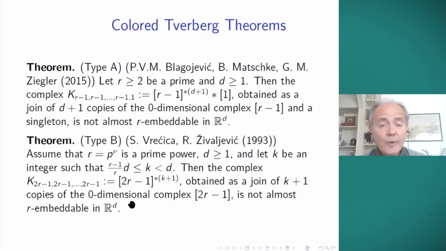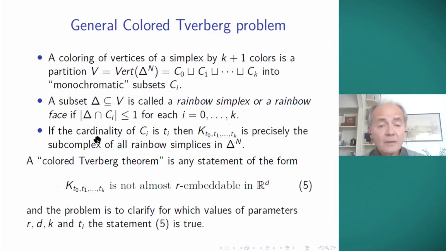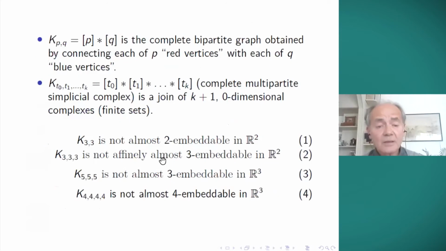So if I go back to these examples, then it is easily checked that examples number 1 and number 3 are type B theorems, while example number 4 is a type A theorem. And what is the obvious difference?